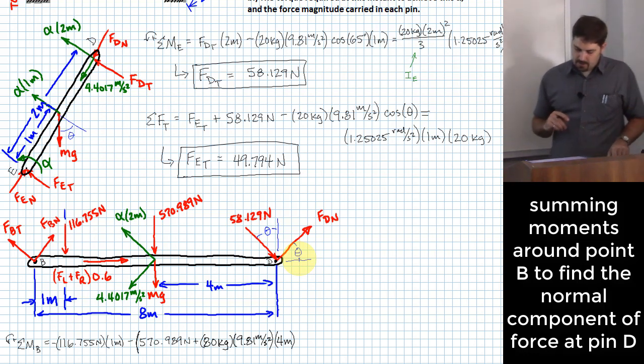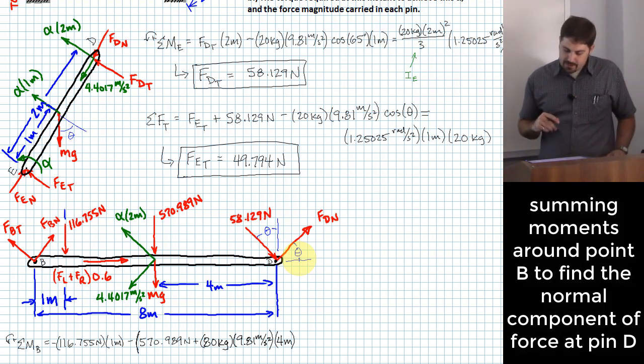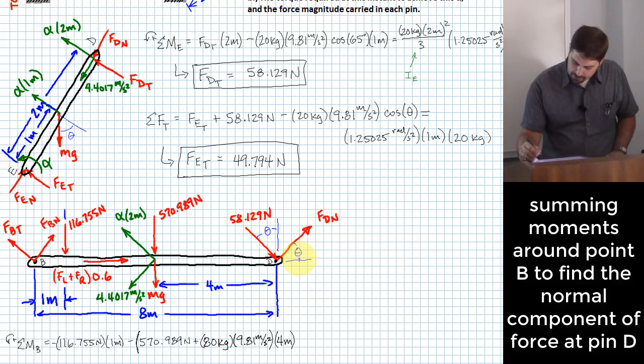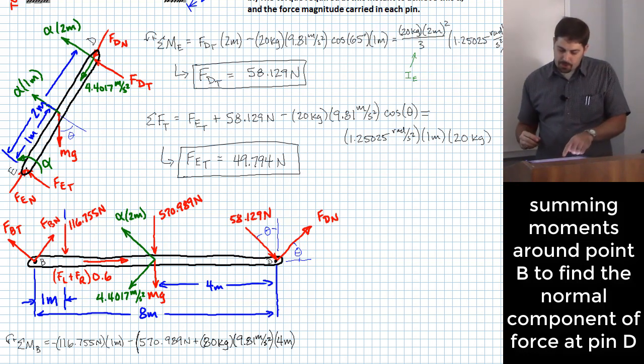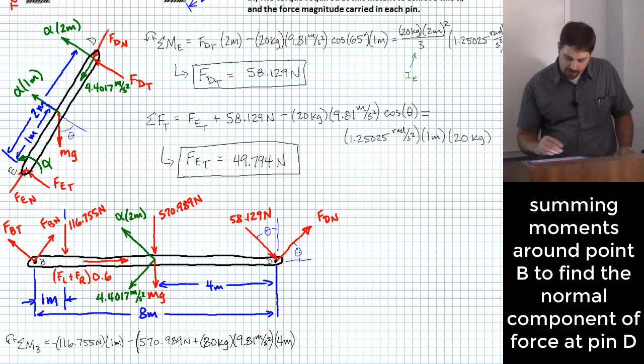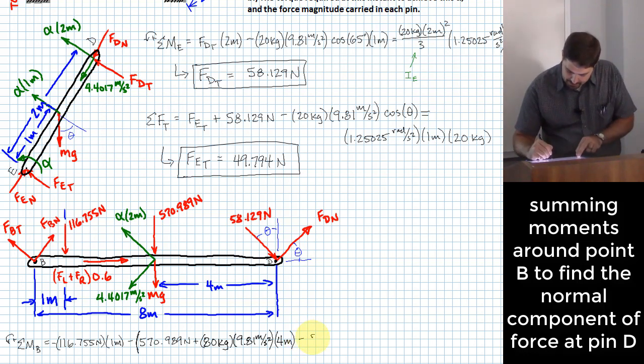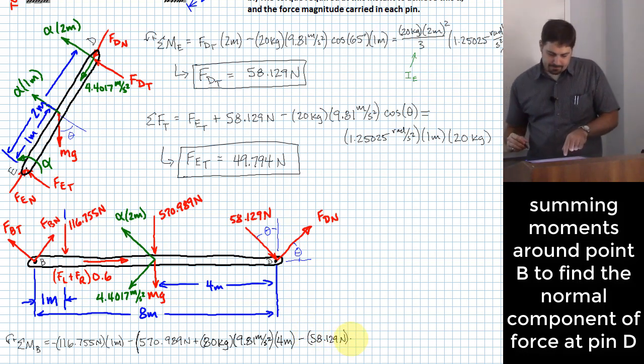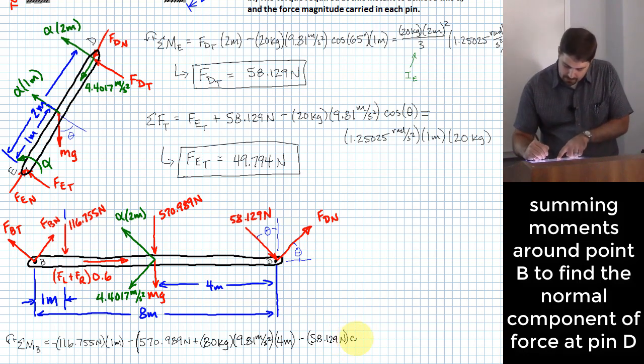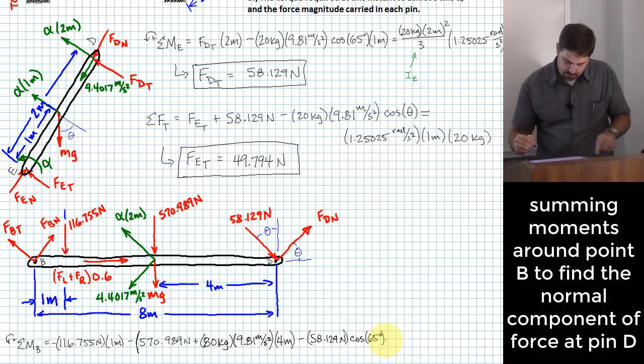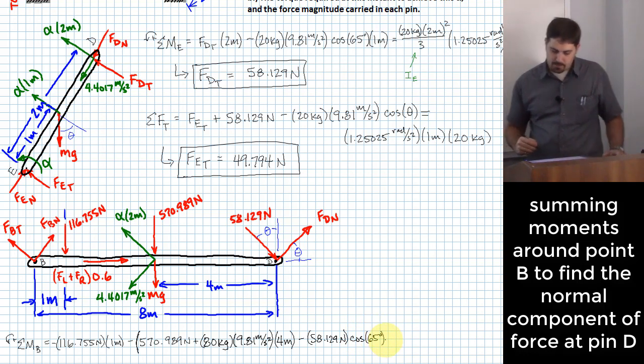Okay. So I need to take into account all of those forces as well. So I have 58.129. I only want the vertical component of it, and it's going to create a clockwise tendency to rotate. So I say minus 58.129 newtons times, okay, the cosine of 65 degrees times what?